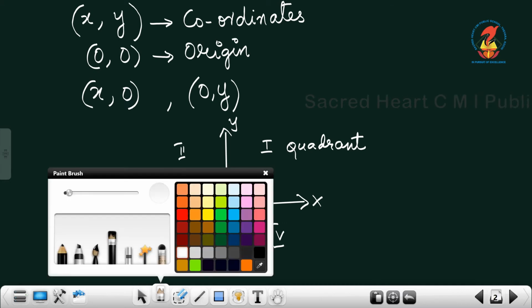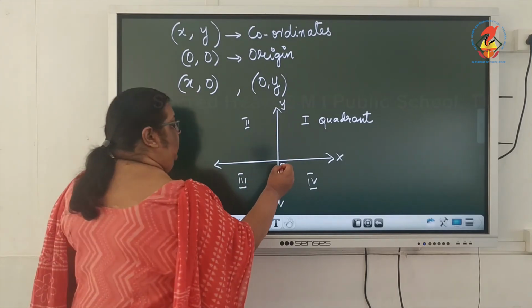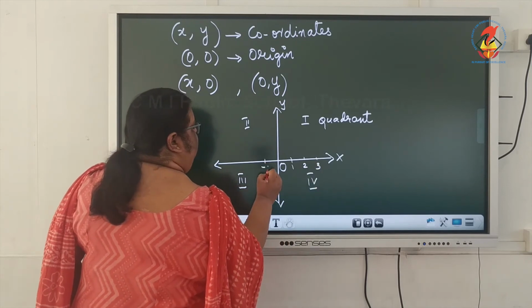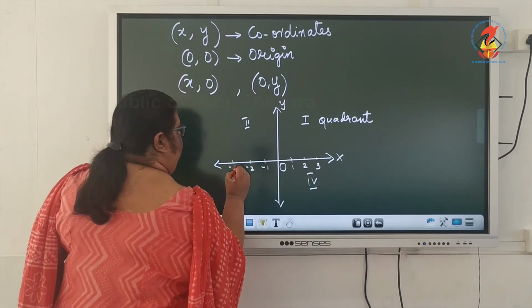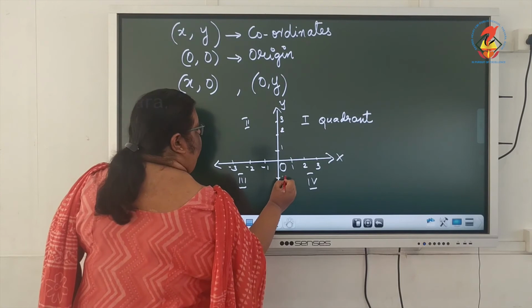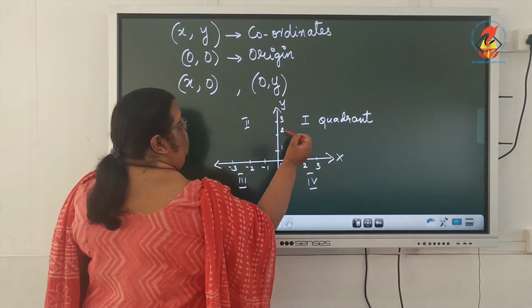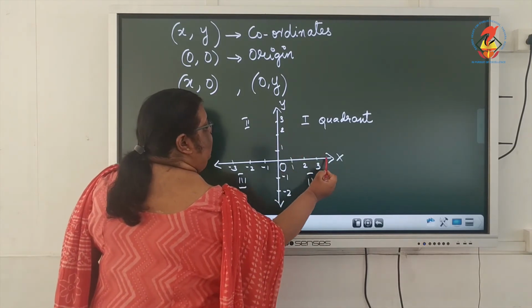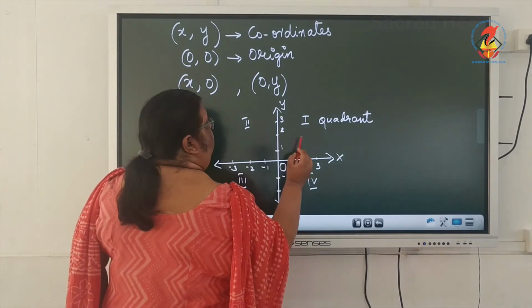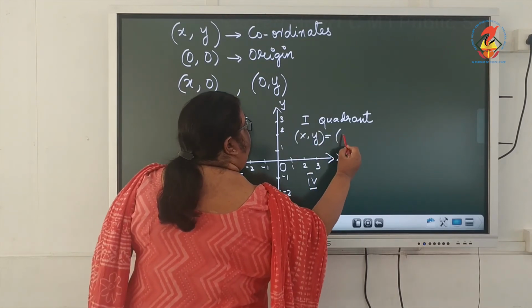Then how can we put the signs? This is actually your number line. So here you have numbers 1, 2, 3. To this side it will be -1, -2, -3. Upwards positive numbers, downwards negative numbers. So on the first quadrant, your x-axis is positive and your y-axis is also positive. So what will be the signs of the ordered pair (x, y)?